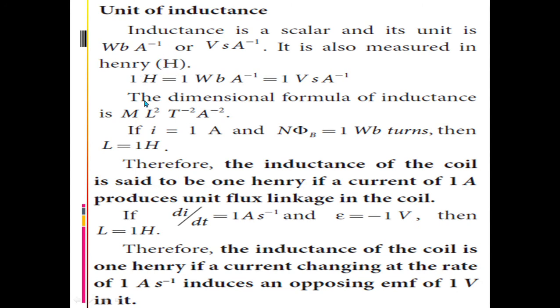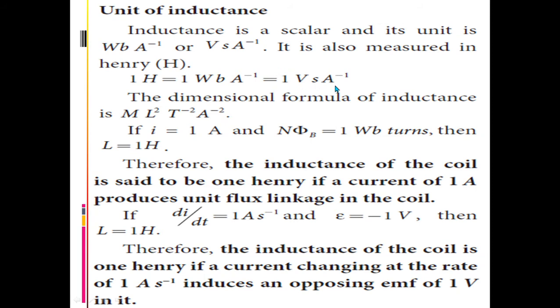So, 1 Henry, please note it down and listen carefully, it is a very important objective type question. 1 Henry is equal to 1 Weber per ampere, which is equal to 1 volt second per ampere.